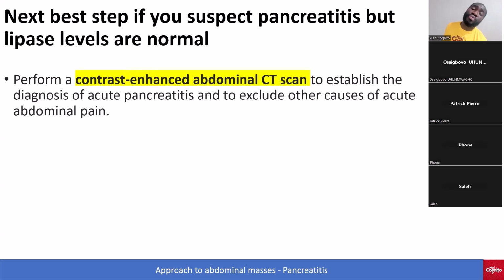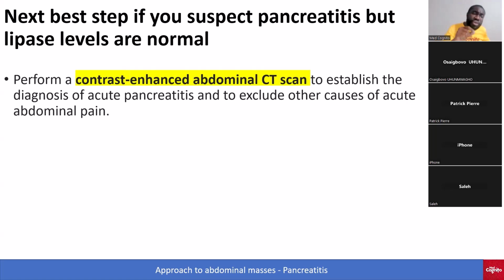The only reason why you would do abdominal CT scan in a patient with suspected pancreatitis is when you suspect that the patient has pancreatitis, but the lipase levels are normal. You will realize that the teaching is that every patient who has pancreatitis should get an abdominal ultrasound. Why? Because you'll be getting an abdominal ultrasound to look for gallstones, because we said that gallstones are the topmost cause of pancreatitis.